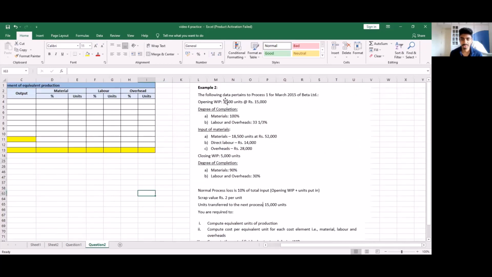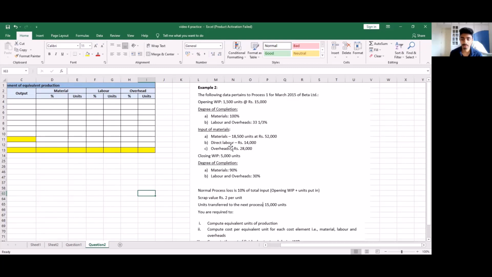So our question 2 reads, the following data pertains to process 1 for March 2015 of Beta Limited. Opening work in progress is 1,500 units valued at rupees 15,000. Degree of completion of opening work in progress is given. Input of materials, we have been given materials 18,500 units at 52,000.